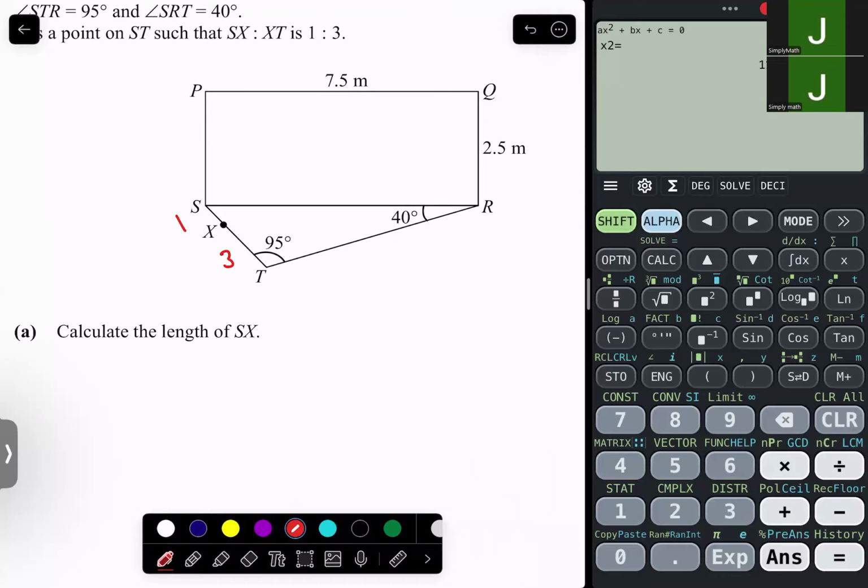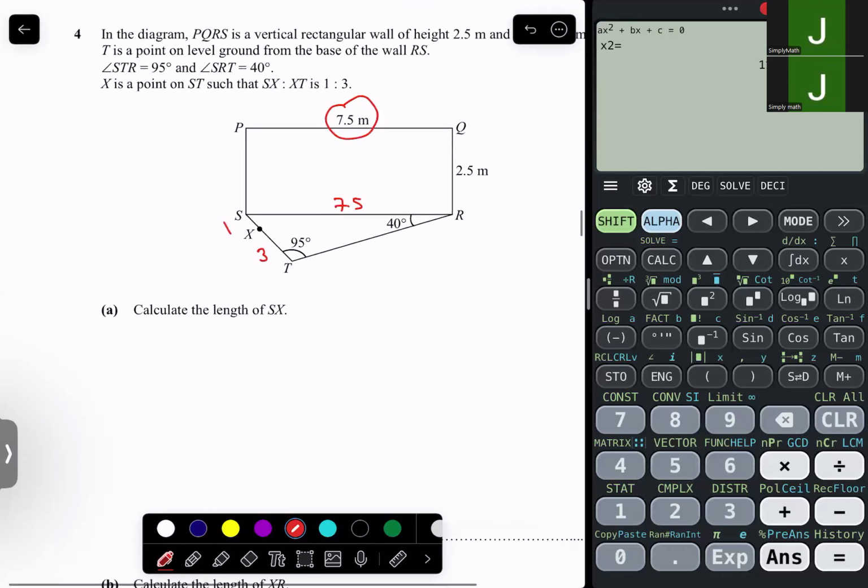This is a rectangle, so if the top is 7.5, here must be 7.5 as well. So the logic to find ST will be by using sine rule. Sine 95 corresponds with, sorry, I want to find ST, so ST is my unknown.